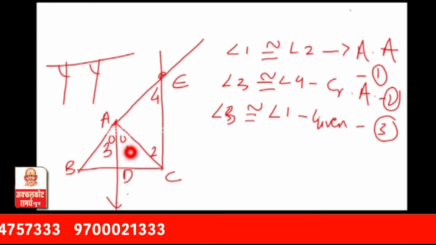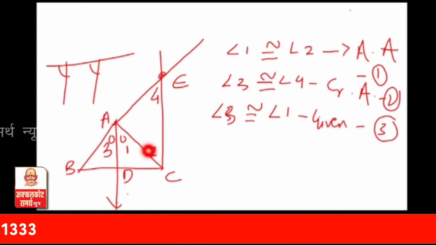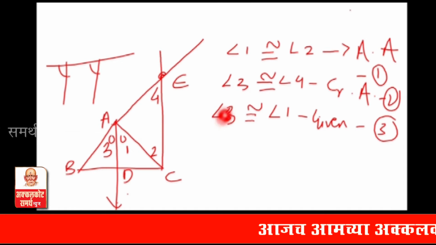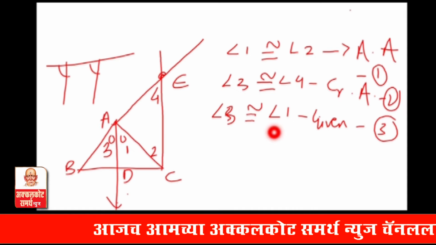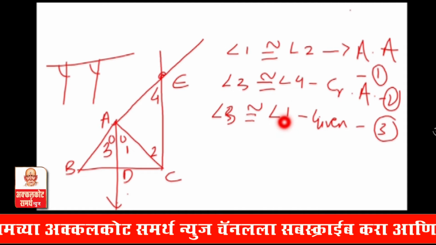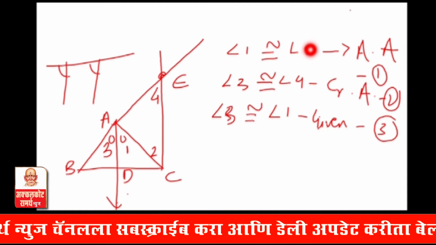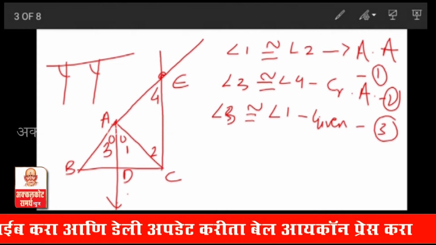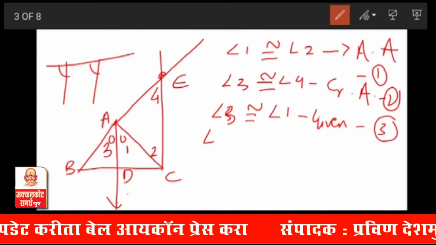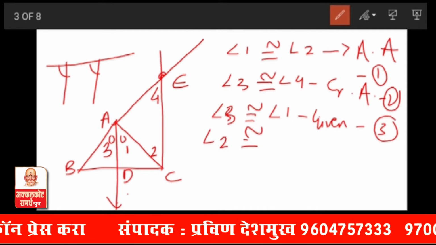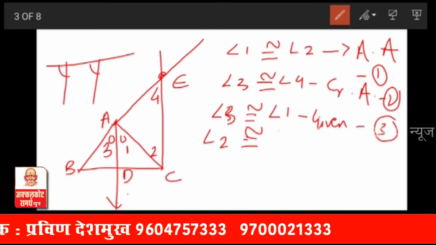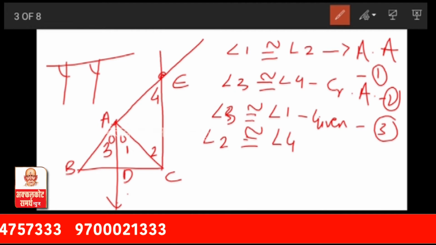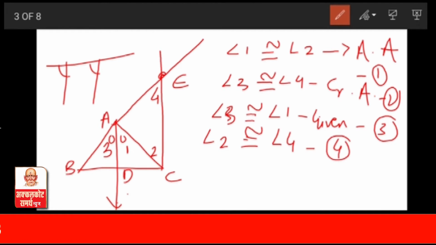But these both angles are congruent, so these both angles will also be congruent, or no? Yes. So 3 is congruent with 4, and 3 is congruent with 1 also. Meaning 1 and 4 will become congruent. But 1 is congruent with 2, meaning 2 and 4 will become congruent. That is the transitivity we can say here, right? So in this way, angle 2 is congruent with angle 4. You can keep this as equation number 4 here.